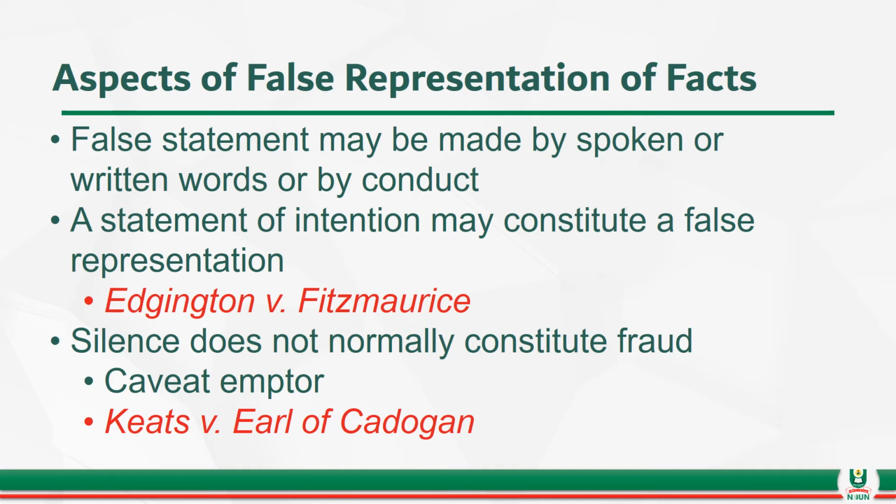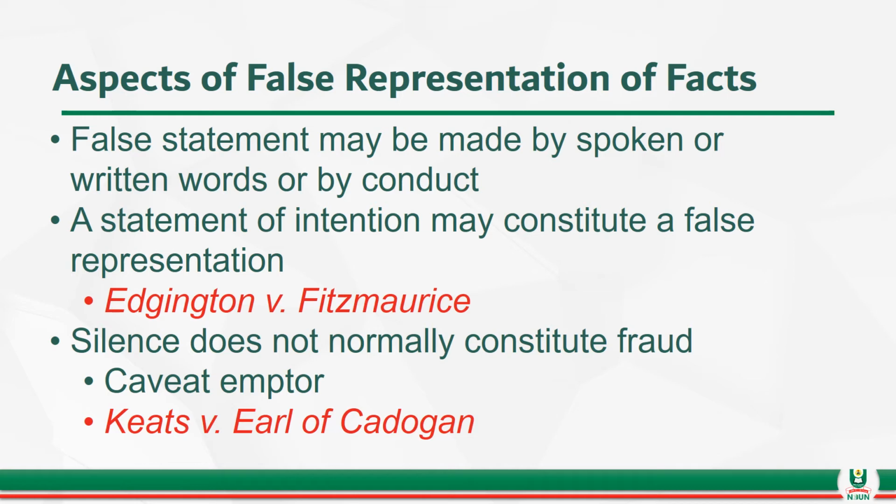However, taking it further, a false statement may also be made by conduct. So, for instance, not speaking, but just shaking your head, and the shaking of your head is interpreted as you saying no, and that shaking of your head is false. Actually, the correct thing would have been yes, but you intentionally shook your head. That will be a false statement made by conduct.